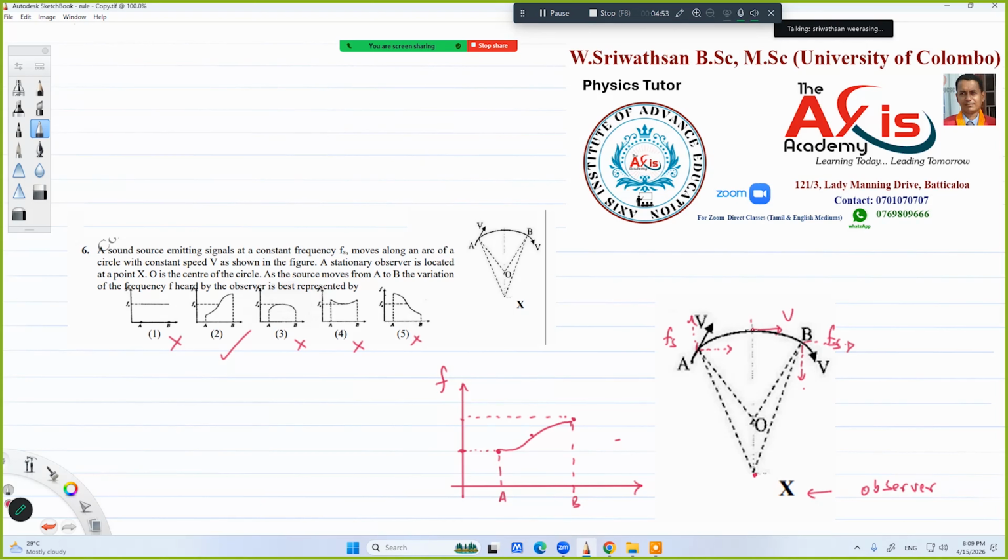So when the source is at, let us say, C, the frequency heard by the observer is the same as fs, the frequency emitted by the source. That's the reason at the mid part the frequency is fs. So the answer is the second one.